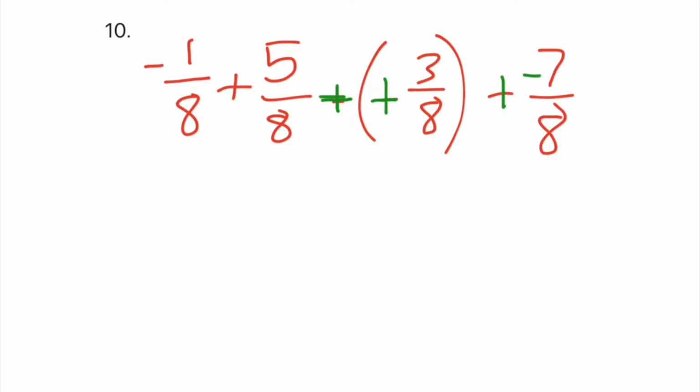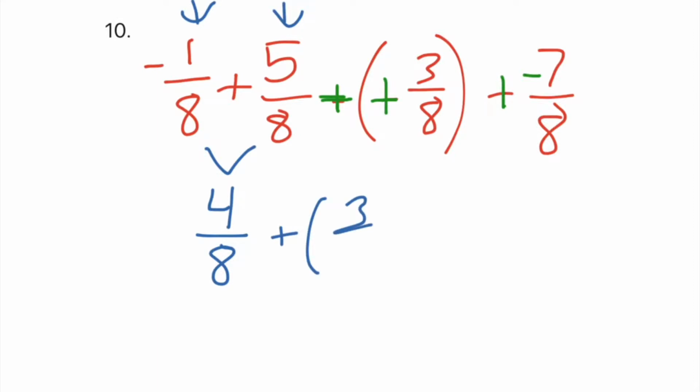Now let's go back and just work from left to right. So we have a negative 1/8 and a positive 5/8. Since the signs are different, we find the difference, which is 4/8. And since 5 is bigger than 1, it gets to keep its sign, which is positive. So we have a positive 4/8 plus 3/8 plus negative 7/8.